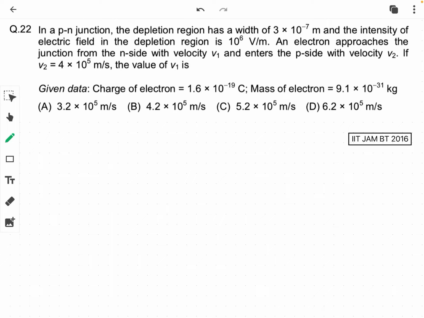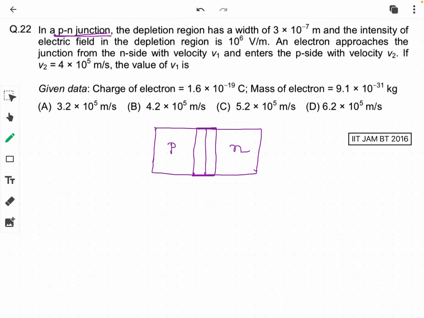Okay, so we have a PN junction, that means a PN junction diode. So here is a P region and here is a N region, okay, and between them there is a depletion region created.